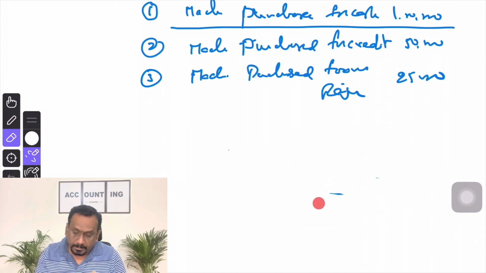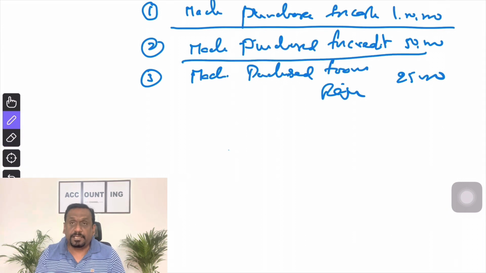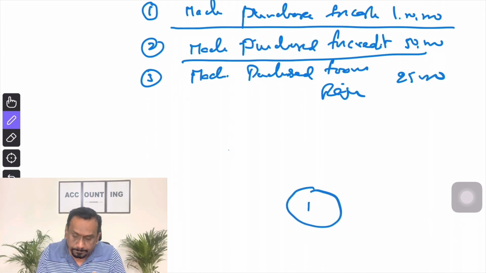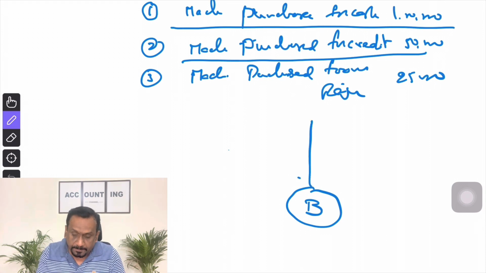What does the other transaction say? Machinery purchased for credit 50,000. In this case, we purchased a machinery, but the transaction very clearly says purchased for credit. That means we did not pay the cash. So from the business point of view, when I purchase machinery for credit, what comes in? Machinery comes in.